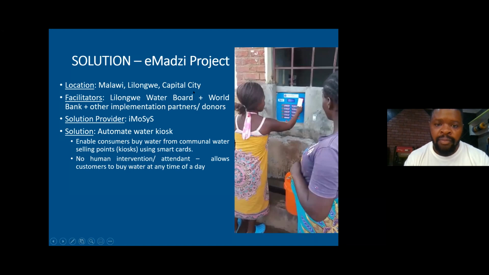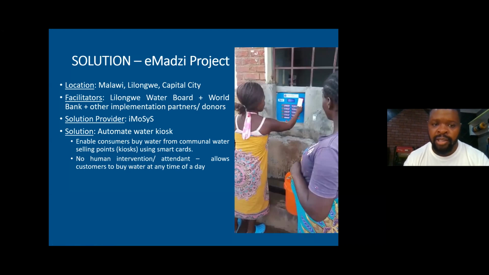It's been supported by the World Bank, and other project partners like JICA and other donors are coming in after looking at the output of the project. They want to give more funds so that more kiosks are automated. And myself and my team at IMOSIS are the ones who provide the solution.